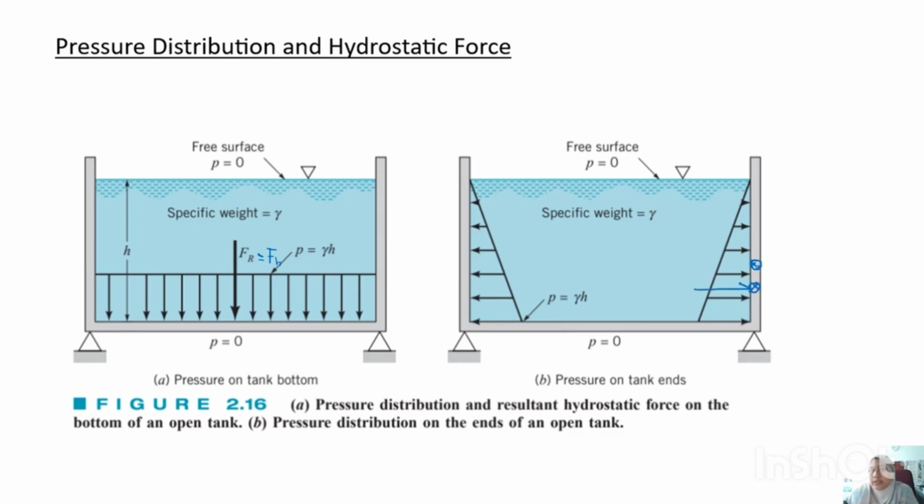The force is perpendicular to the plane surface. The line of action of the force, or the point where the force is concentrated, is called the center of pressure, or CP.